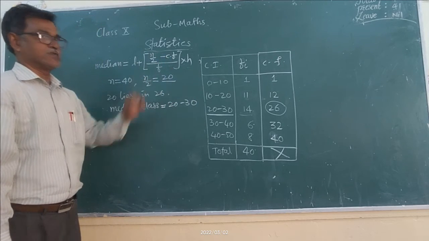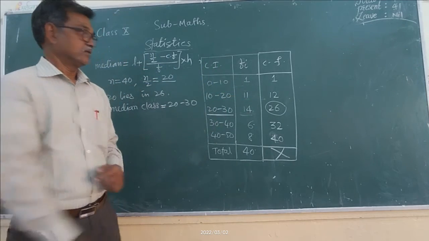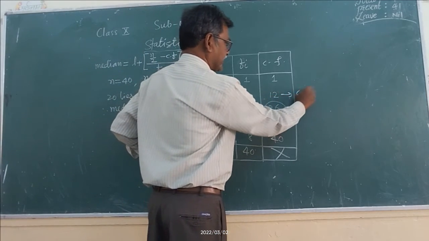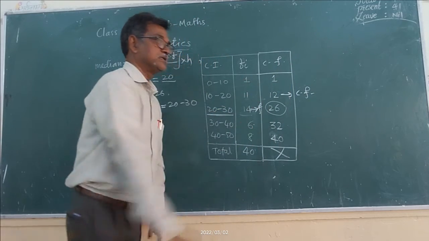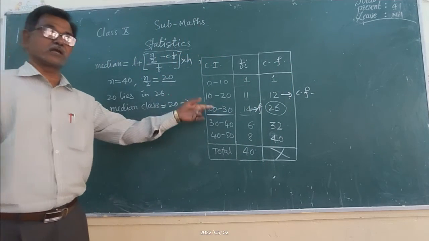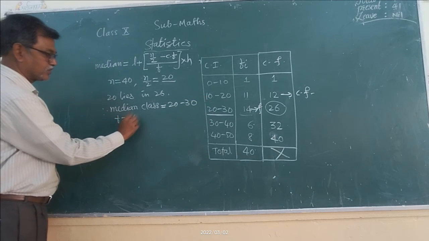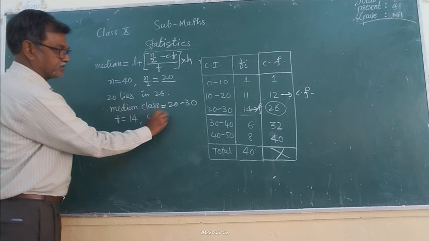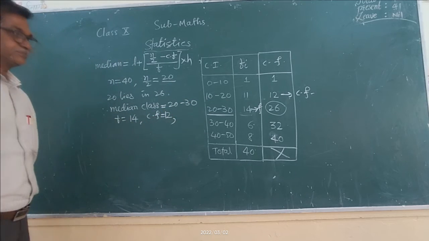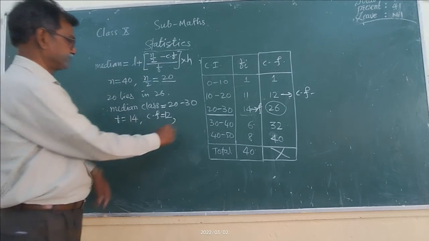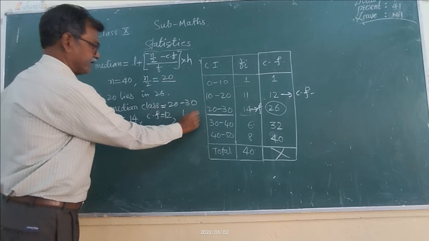Okay? Then we get this value here. What is the cumulative frequency? Cumulative frequency of the previous class. And the frequency is of the same class interval, the median class. So f is equal to 14 and cf is equal to 12. Okay? And h is equal to 10.